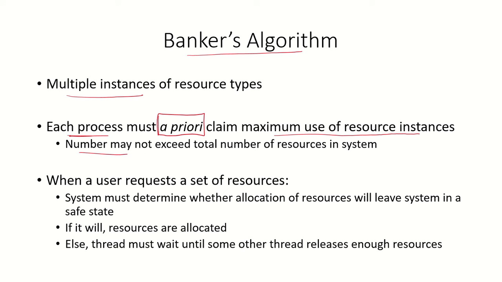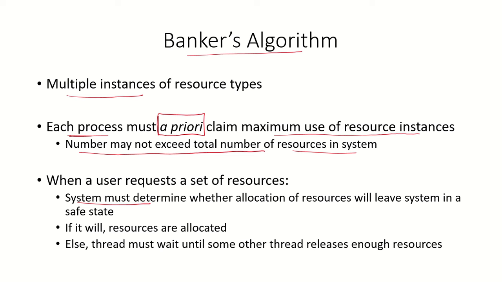However, this number may not exceed the total number of resources which are available in the system. So whenever a user requests a set of resources, the system must determine whether, if that resource is allocated, it will leave the system in a safe state or not.